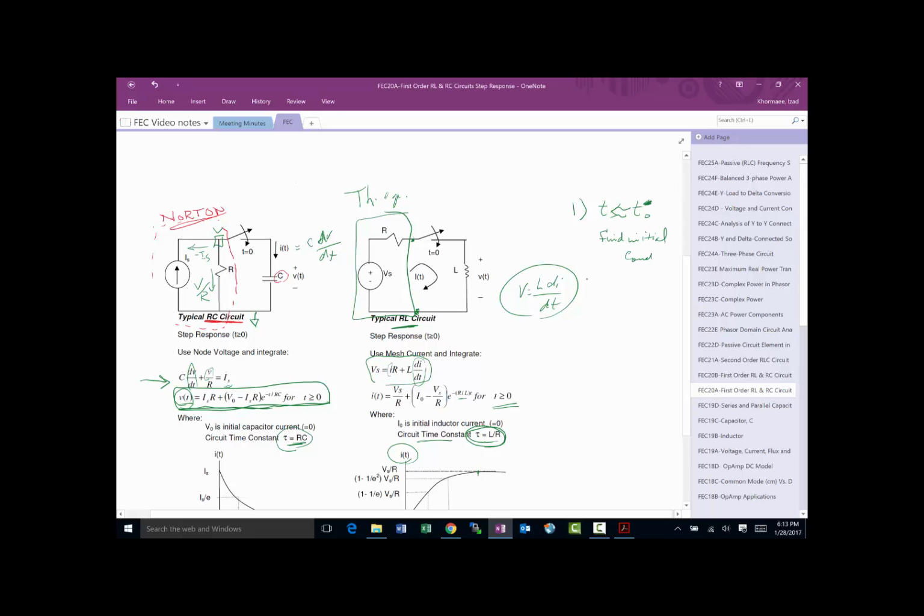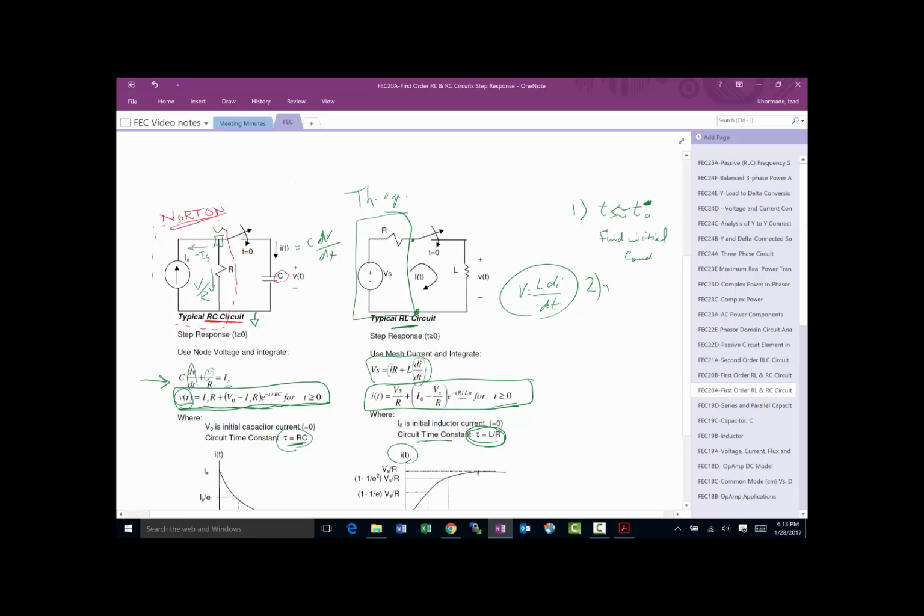And step 2 is you want to determine if you've got a step response or a natural response. So you figure out, do I have a source in my system? If I have a source after the switch is thrown, then I have a step response. In this particular case, both have a step response, and that's great. So that's step 2, and therefore I can use this equation or this equation.